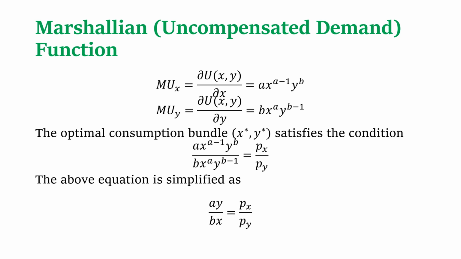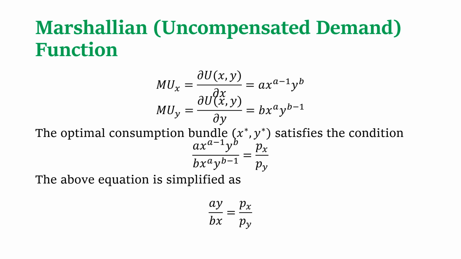So now let's find the marginal utility of good x, which is du(x,y)/dx, which equals... Now remember, when we are differentiating, we are holding y constant here, right? Since x is raised to the power a, all we need to do is concentrate on the exponent of x, which is a. We subtract 1 from that exponent, and then we take the exponent multiplied by the whole utility, which is x to the a, y to the b.